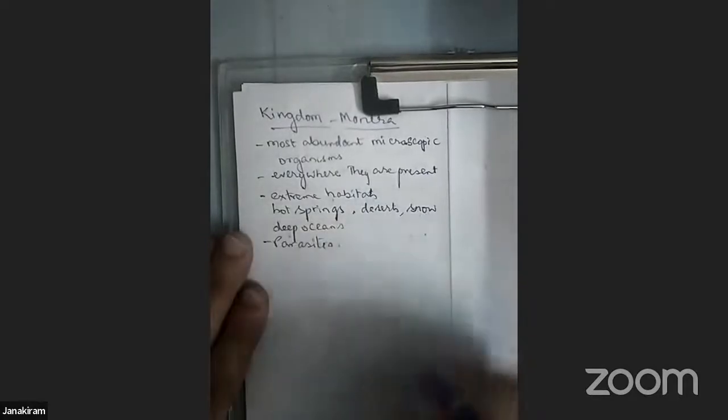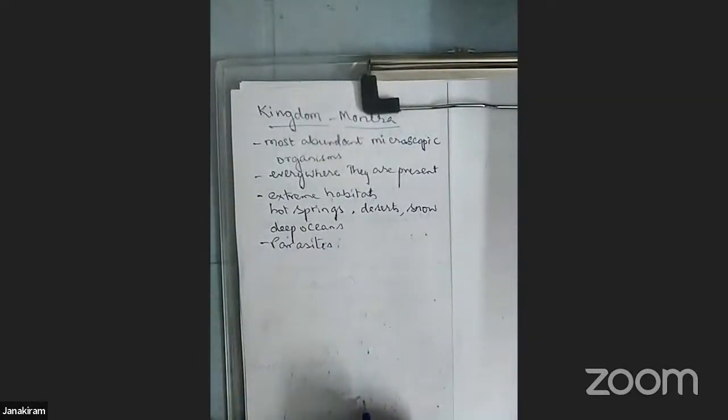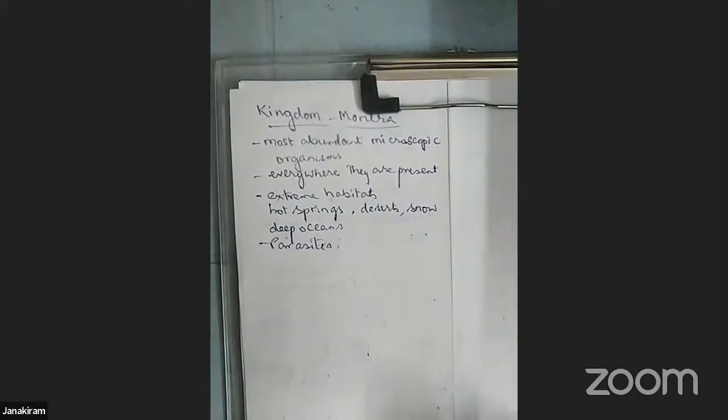Most of them survive as parasites. That is, they depend upon a living host, and based on their shape, the bacteria are categorized into 4 types.